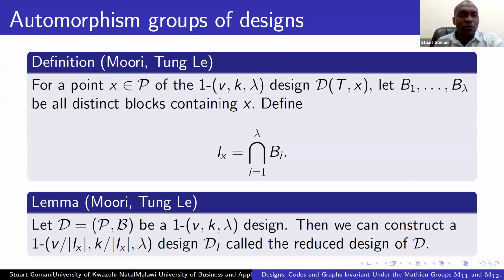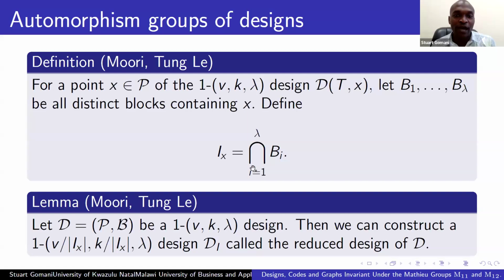So I think we need to explain a little bit how we get the full automorphism groups of these designs. And we use the technique that is according to Mori and Tungle. We fix a point x of a 1-(v, k, lambda) design. And we select the lambda blocks from that design, those lambda blocks containing the point that we have fixed.